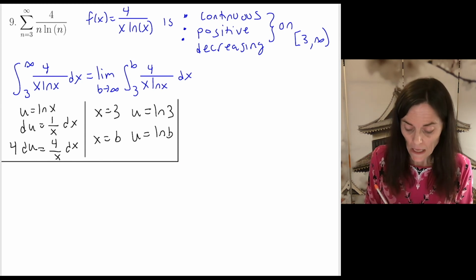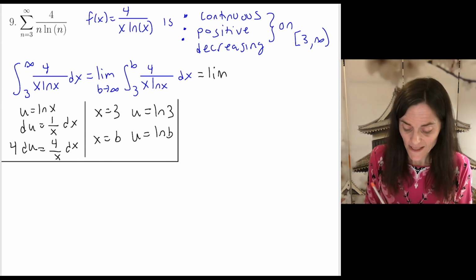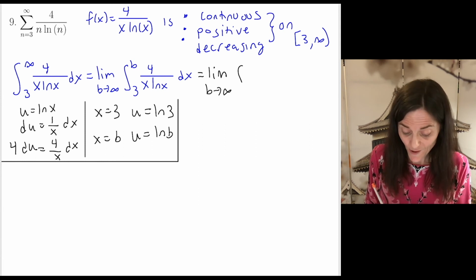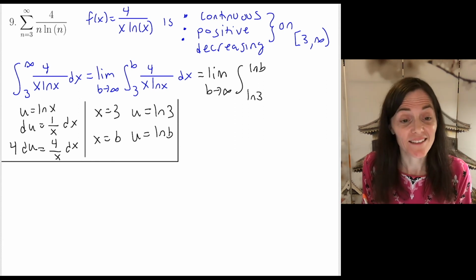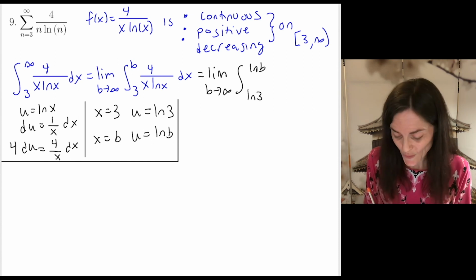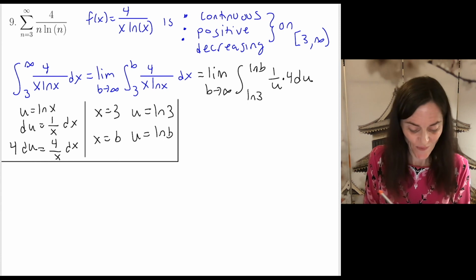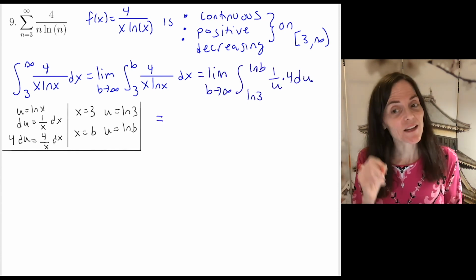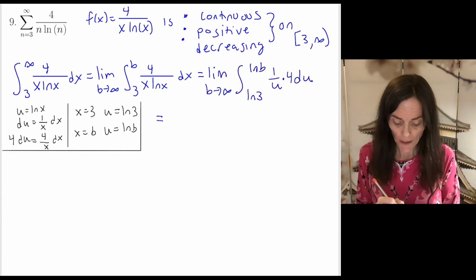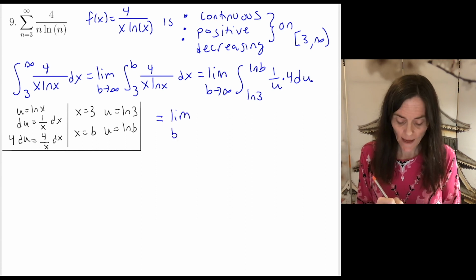Okay, now I'm actually ready to have all of my side work, and I am ready to move forward with this integral. We have a limit as b goes to infinity. The integral, we have ln 3 to ln b of 1 over u times 4 du. Now I integrate with respect to u. So I still write this part. I haven't evaluated my limit yet.